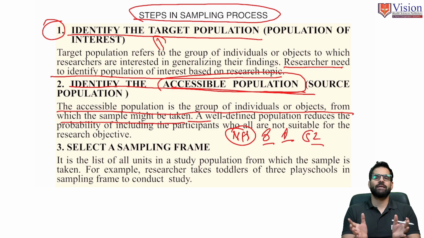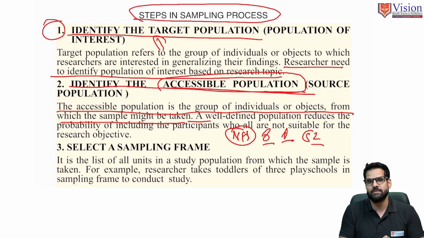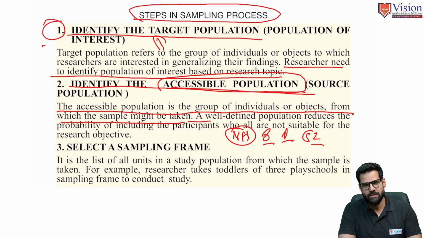So you've taken some areas, and the truck drivers traveling through these routes will be taken as your source population. Okay, so first you identify your target population, from there you select your source population, then select the sampling frame.